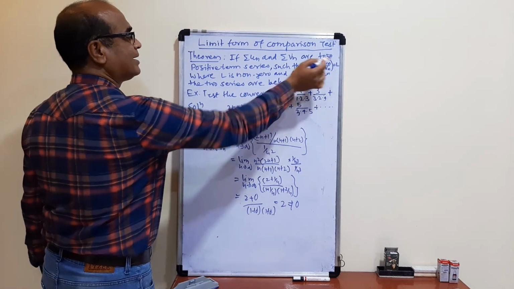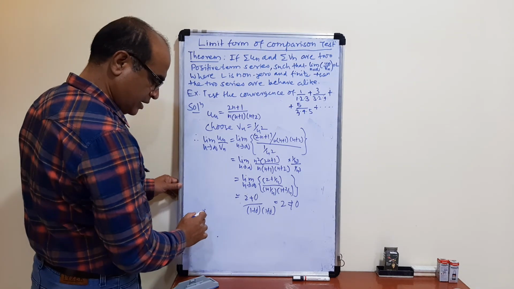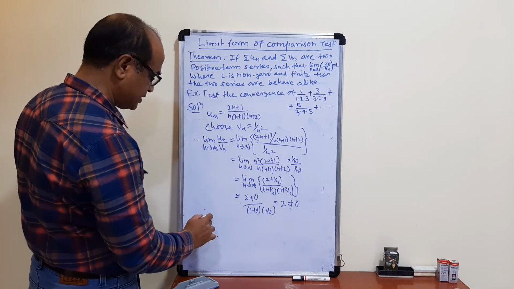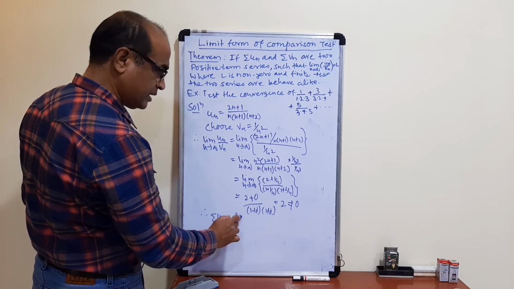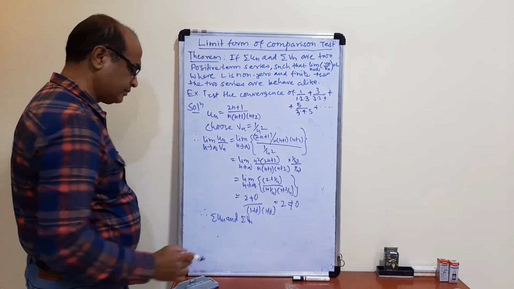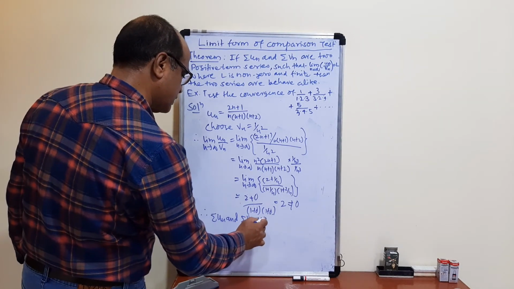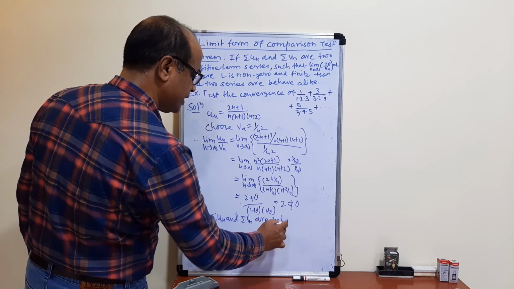This is L, non-zero and finite, no doubt. Therefore, by comparison test, the series summation un and summation vn behave alike.